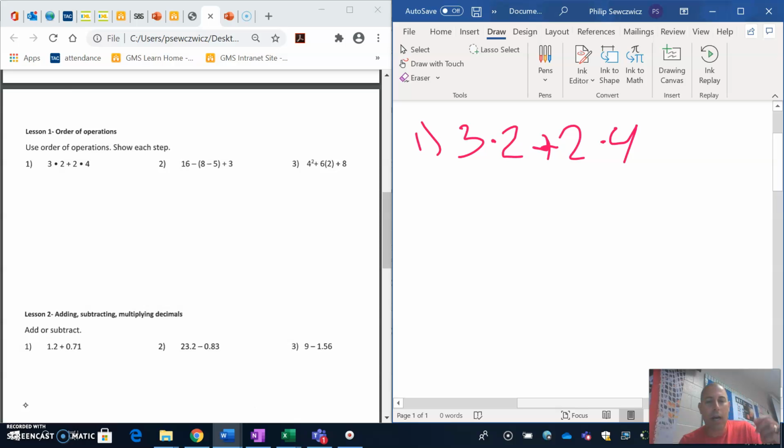Number two on the list, exponents. Remember, those are the little numbers that are up in the air. Don't have any. So the next thing is multiplication or division. Do we have any? Yes, we do. So we're going to work from left to right. And since the 3 times 2 showed up first, I'm going to underline it. 6, as out in the notes, bring everything down that we did not use.